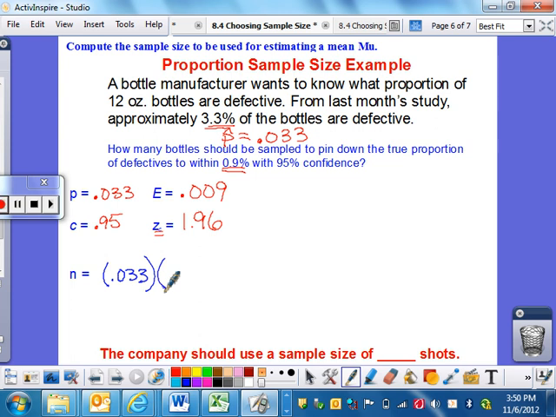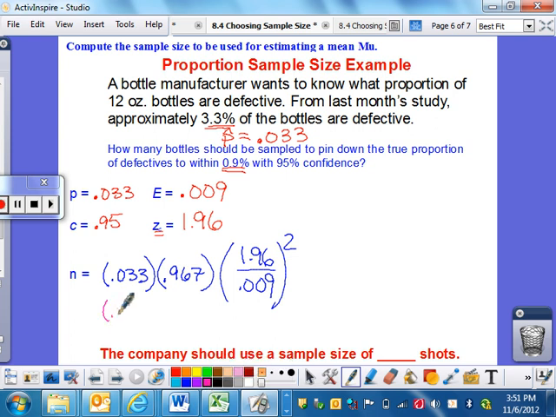What's my q? The q is what's left over, so 0.967, times, now in parentheses, you're going to square just this thing in parentheses right here. The z critical value is 1.96 divided by your error, 0.009. All right, and then you just have to multiply these things out.